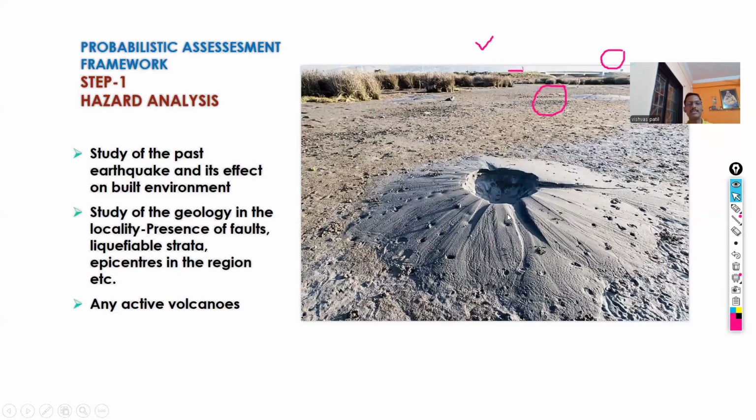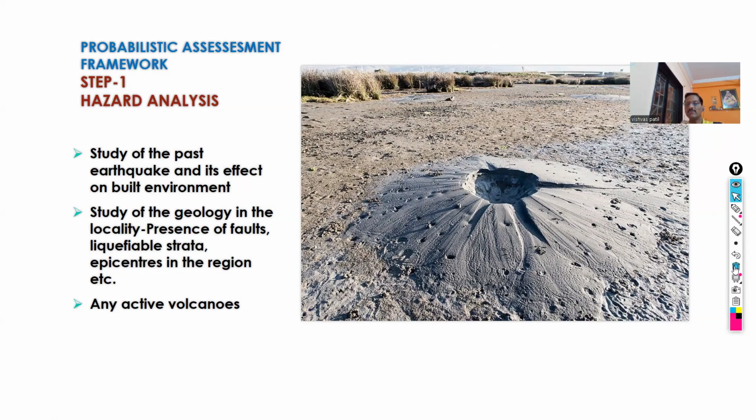Now, the probabilistic assessment framework. First step is the hazard analysis. In a simple way, it is the location or the area where the structure is located and we are developing the fragility curve.